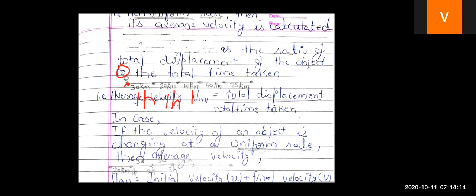So if you want to find the average velocity, you will just divide total displacement upon total time taken, right? That is the displacement, the shortest distance between the initial position and the final position, upon total time.